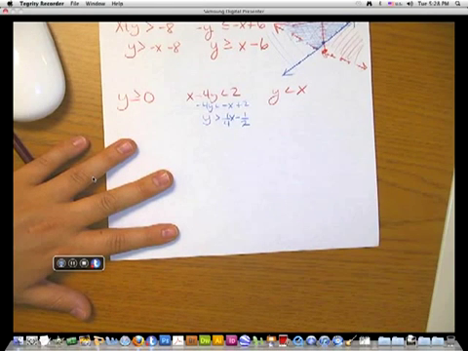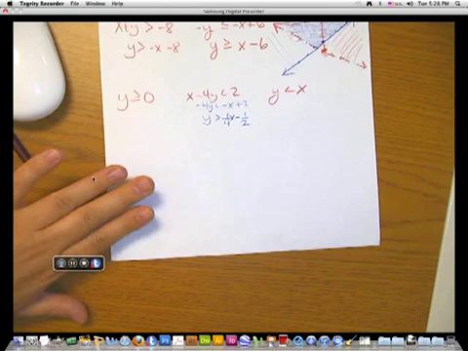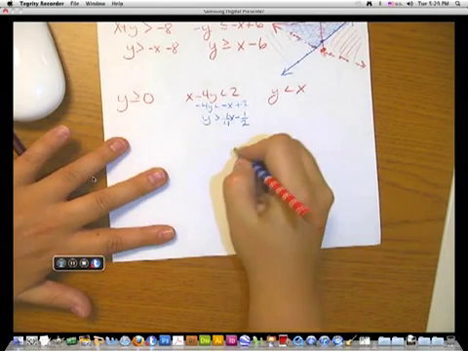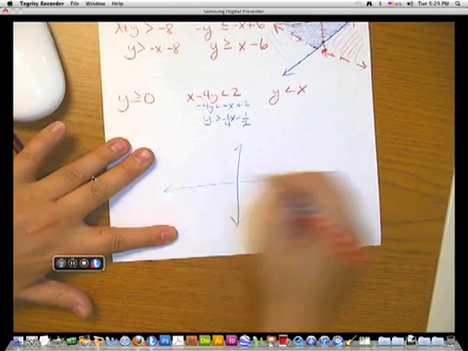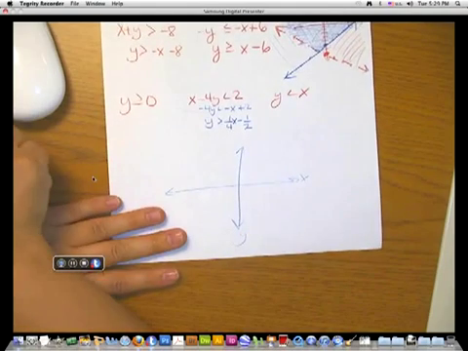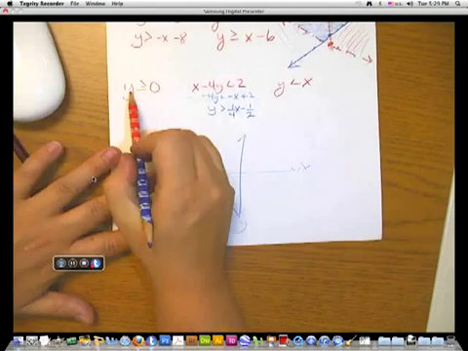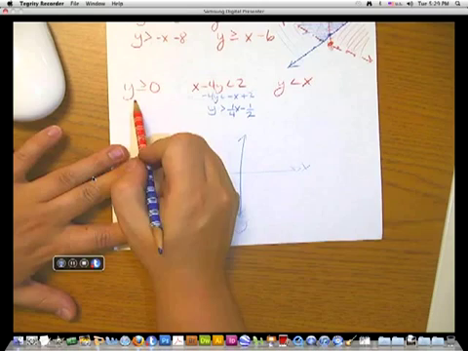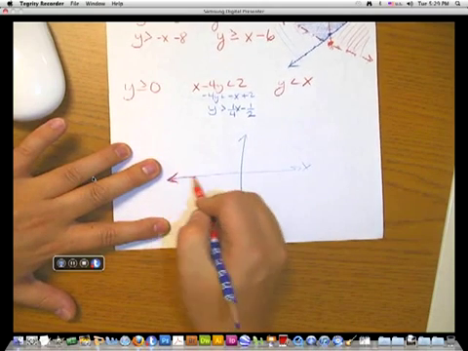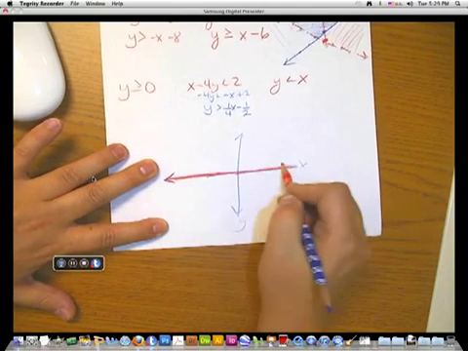And then make sure my other signs are right, so +1/4 and -1/2. Now when I graph this, again, I have x's, I have y's, I have arrows, I have all my proper labels. y greater than or equal to 0 is actually the x-axis, and it's solid.